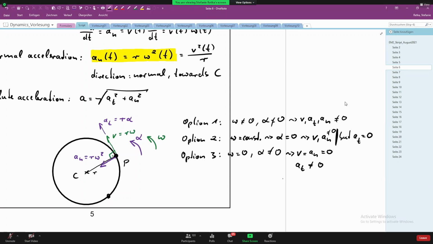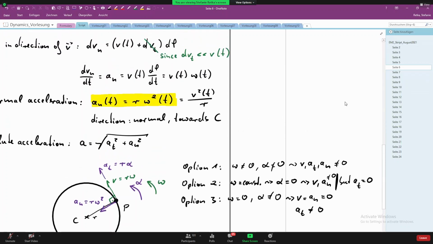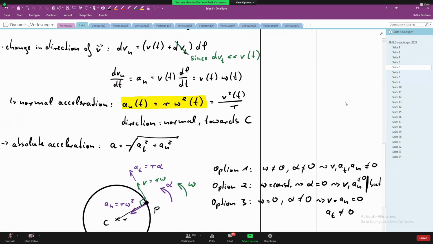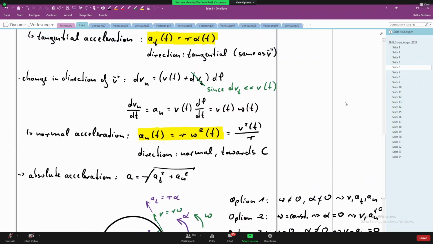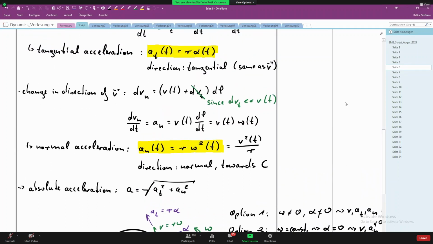Professor, I have a question. How is dVn equal to Vt times d phi? Like when you wrote about change in direction of V. Where did we get the formula from?